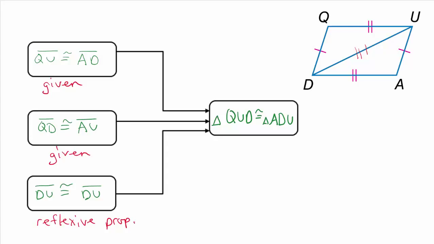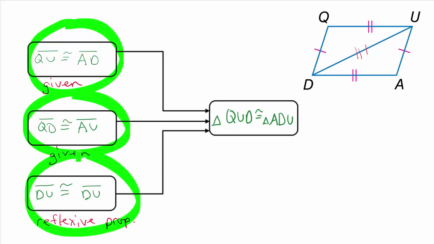So given these three things, we have, and I'm just going to circle, one side, two sides, three sides. We can now say that these two triangles over here are congruent because of side, side, side theorem.